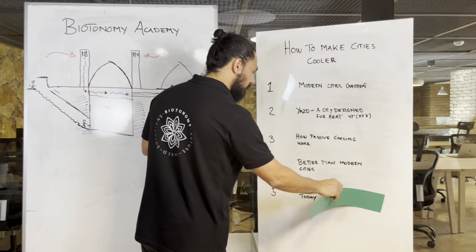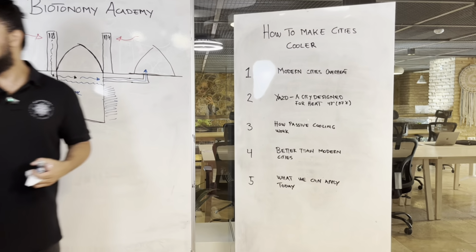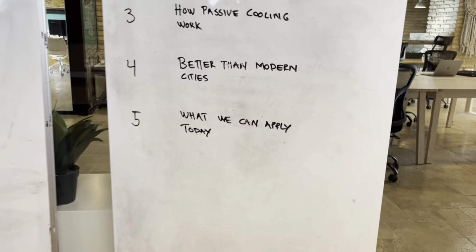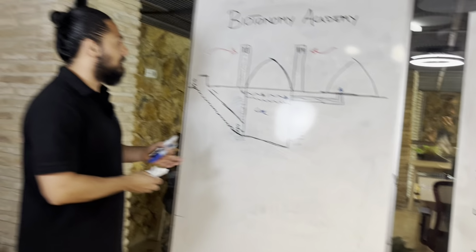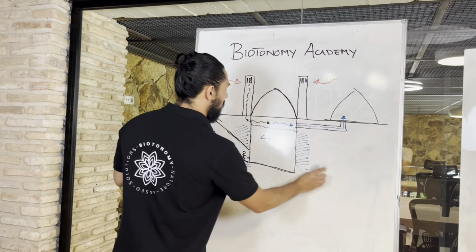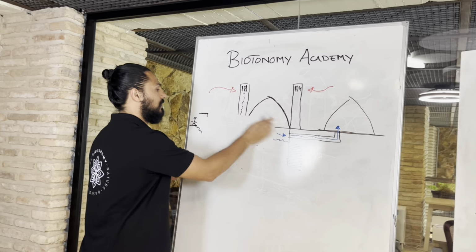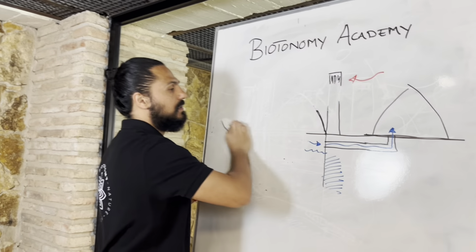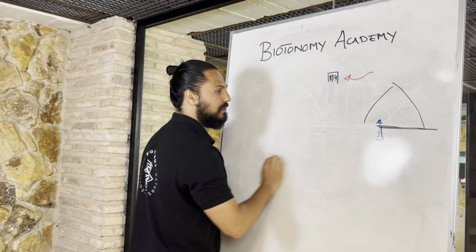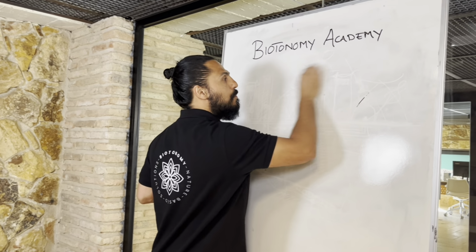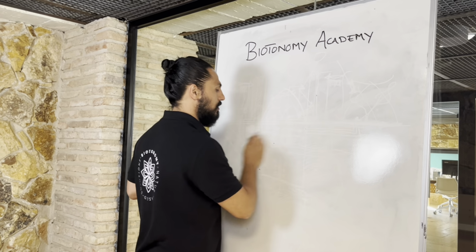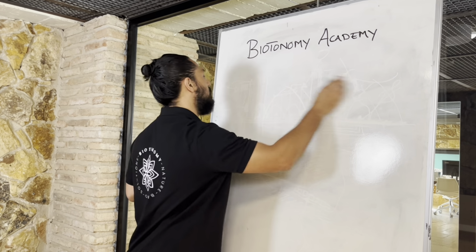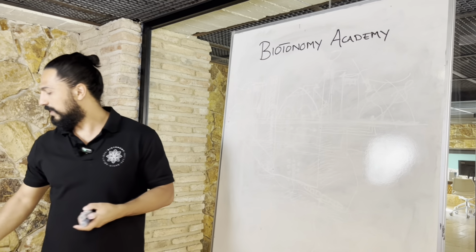So what we can apply today to our modern cities is that, okay, maybe some cities don't want their cities to look like this, but they can still look modern, they can still look like modern cities do, but underneath, we can still use the same concept.